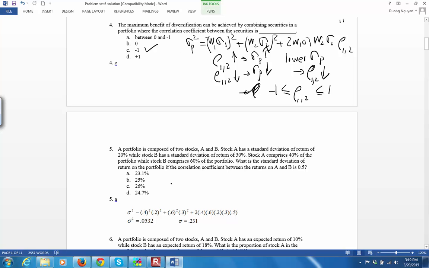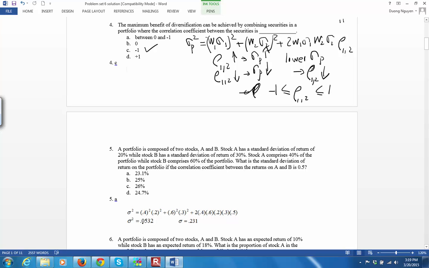You calculate: W1, which is stock A at 40%, so 0.4, and the standard deviation of stock A, which is 20% or 0.2, so 0.4 squared times 0.2 squared, plus 0.6, the weight of stock B, squared times 0.3, the standard deviation of stock B, squared, plus 2 times weight 1, 0.4, weight 2, 0.6, sigma 1, 0.2, sigma 2, 0.3, times the correlation, which is 0.5.